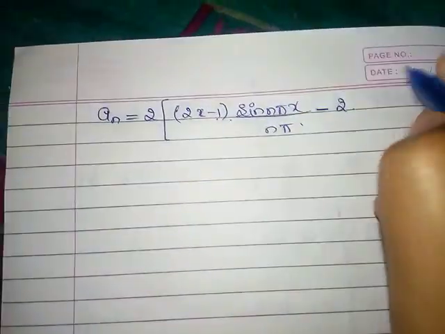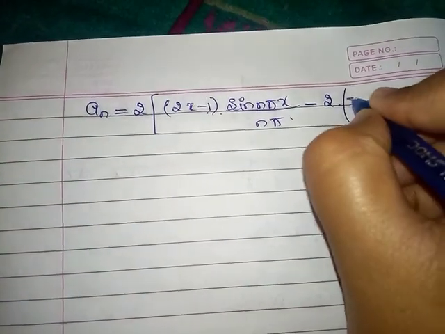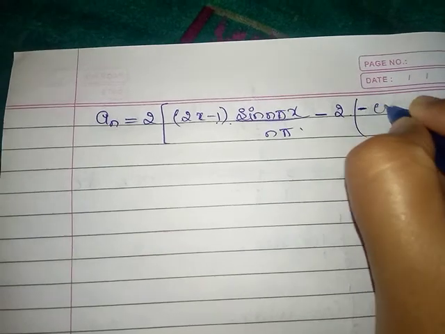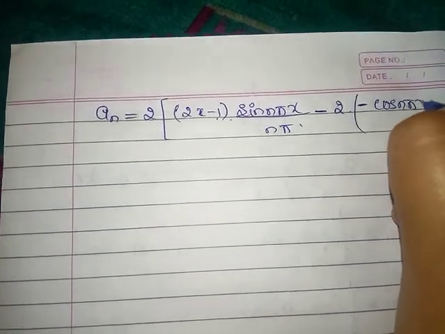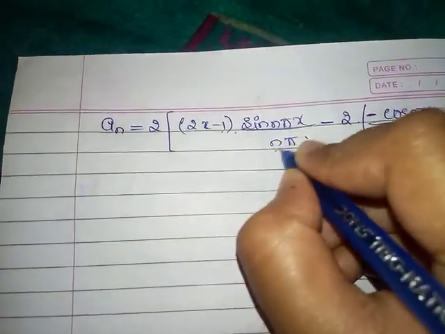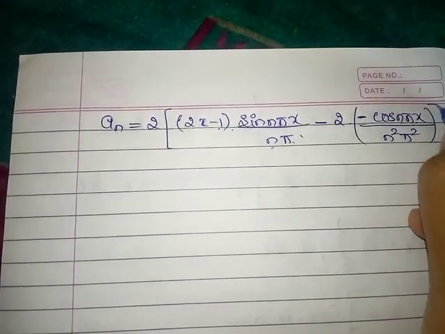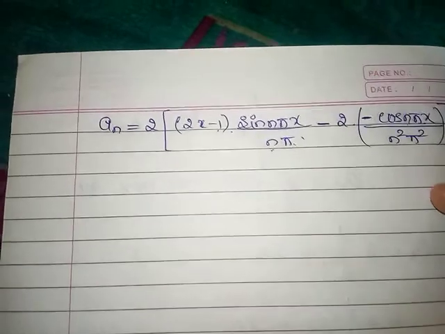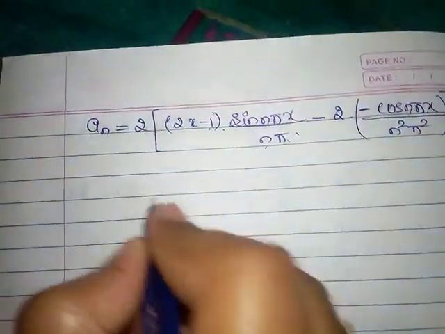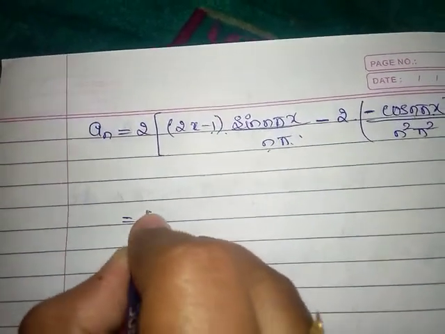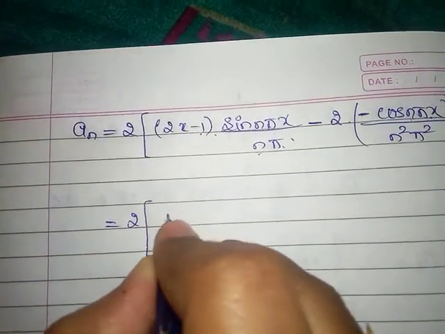Next integration of this one is minus cos n pi x divided by n pi into n pi will be n square pi square, limits from 0 to 1.